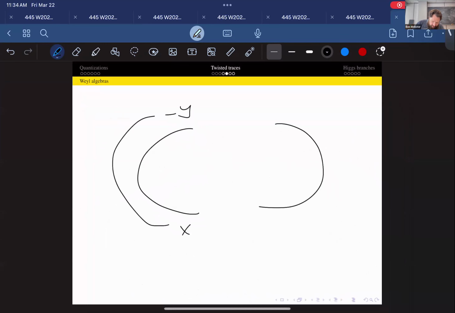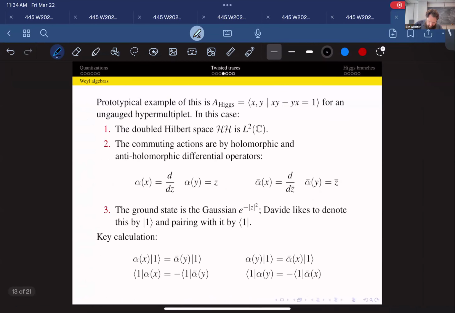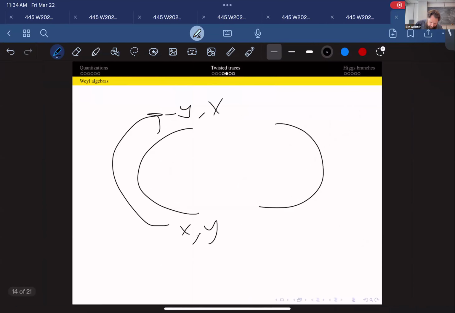So I can move this guy up here at the cost of turning an X into a minus Y. And similarly, if I put a Y here, it becomes an X when I move it up. Oh no, minus X. And on the other hand, if I move X and Y down here, they become Y and X.